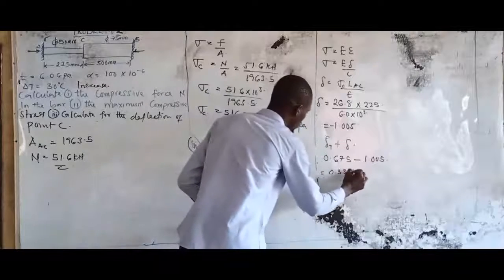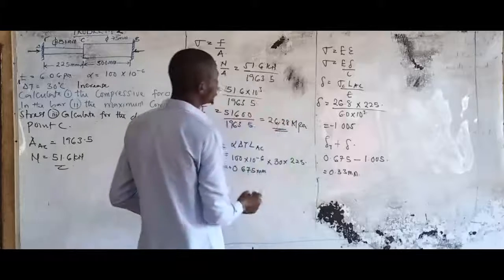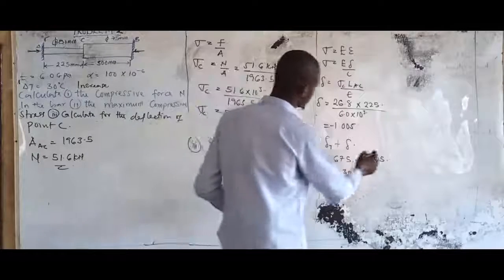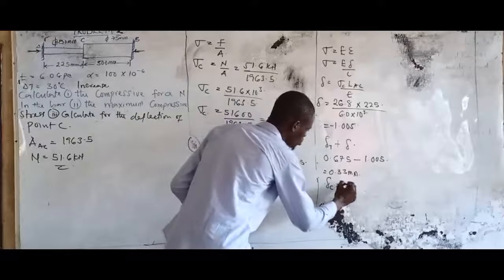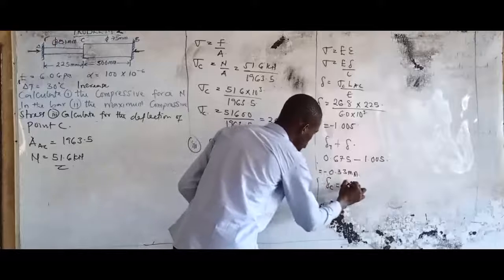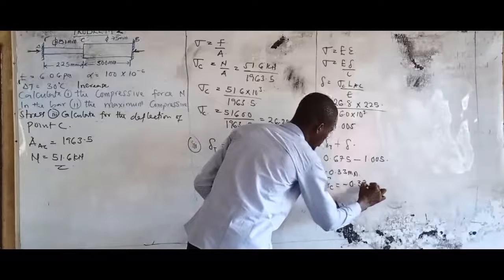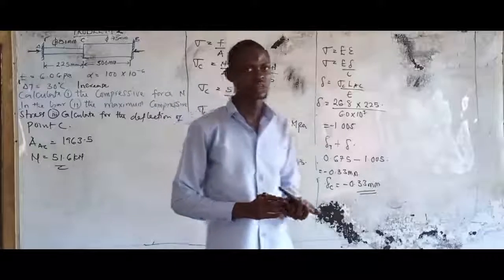That is my deflection of point C. So therefore, the deflection of point C equals, sorry, this is negative, minus 0.33 mm. That is my deflection. Thanks for watching.